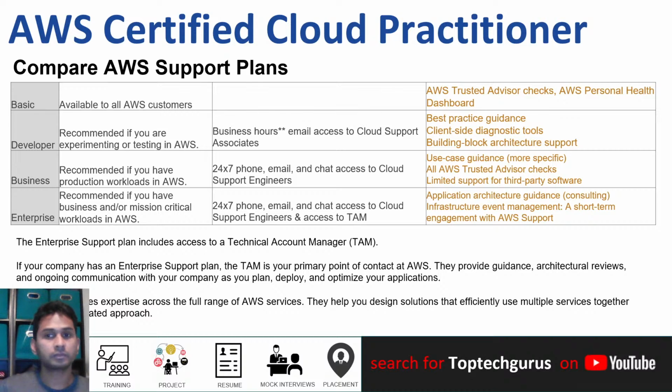You can have a short-term engagement with AWS where you get event management. Say, for example, your instance does not launch for some reason, then you can get a short-term engagement with AWS support.